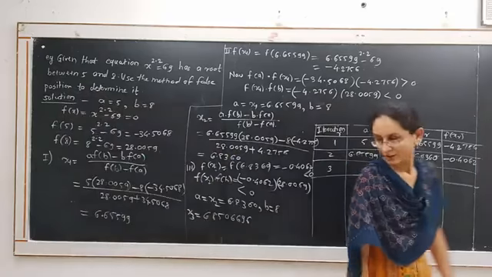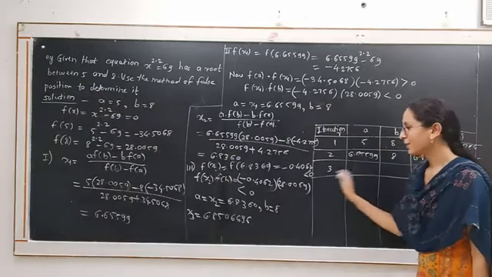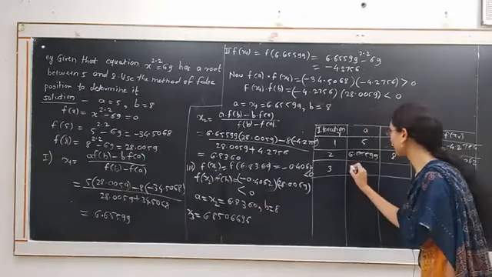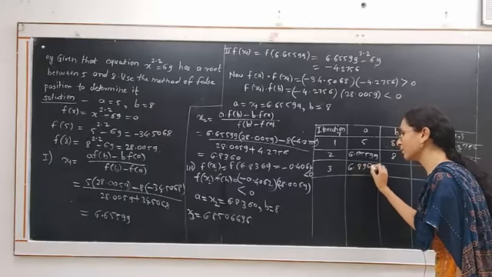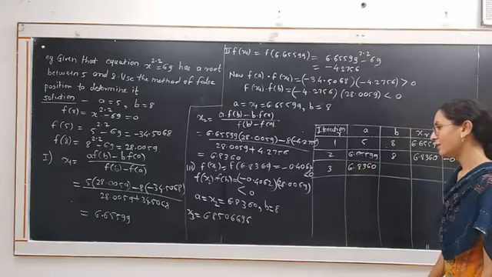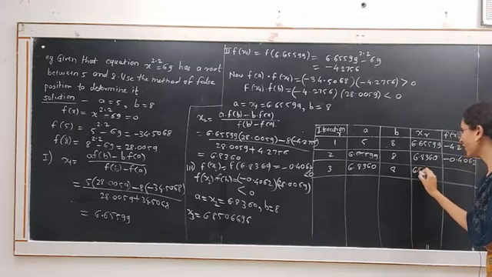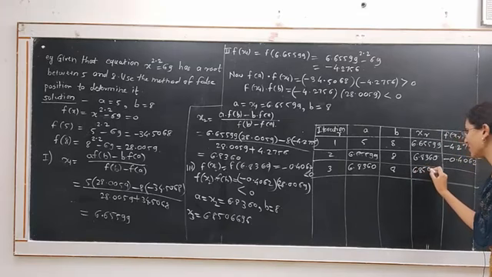In the third iteration, consider a value is 6.8360 and the value of b is 8. In this case, we are getting x3 value is 6.850696.